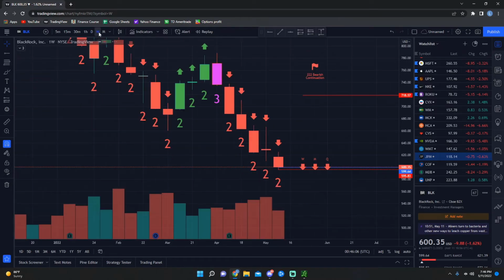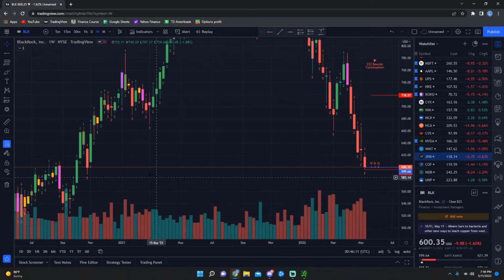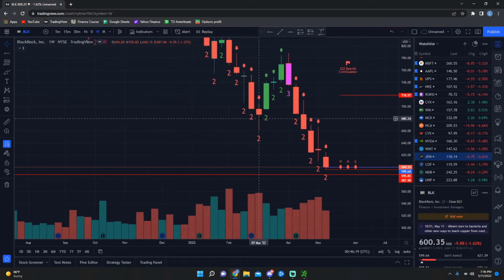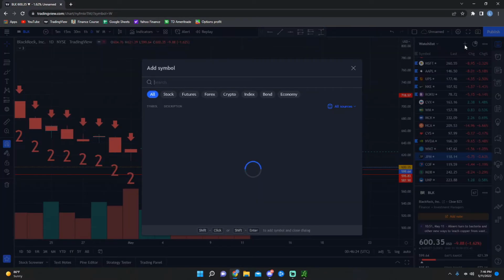This is another decent one. The next weekly target would be there. I don't know if that would hit. Add this one.